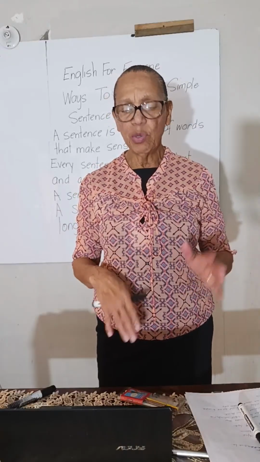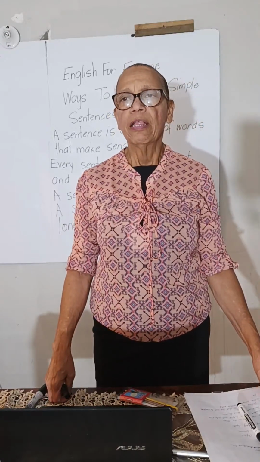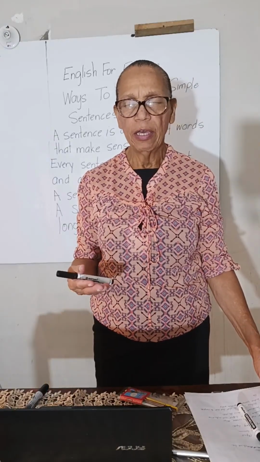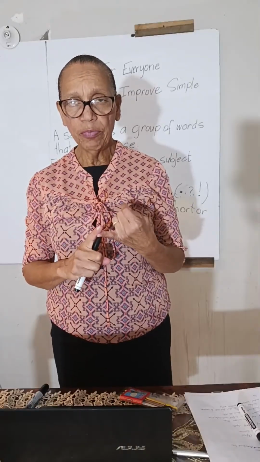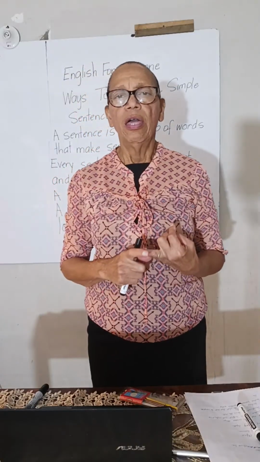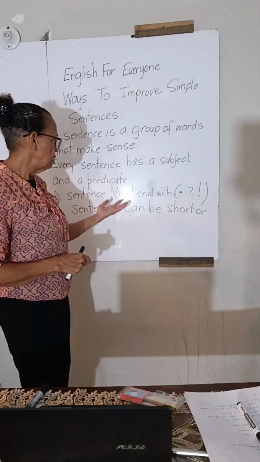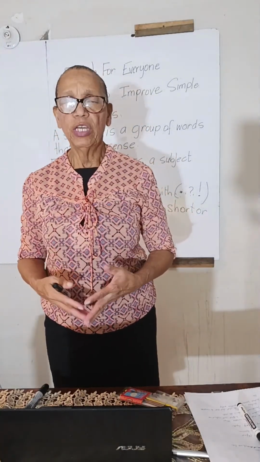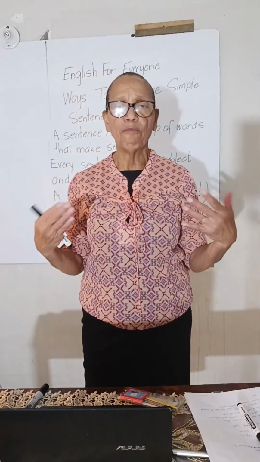So the sentence, we went on further last week and we identified the subject, and that has to be either a pronoun or a noun. The predicate has the verb. So it can be just one and that's the verb, and it's still called a predicate, or it can have more than one.